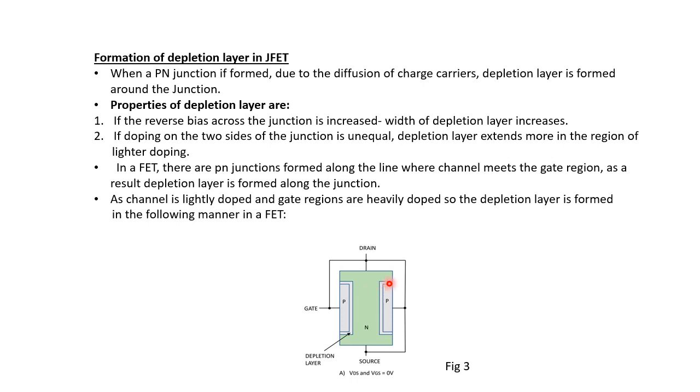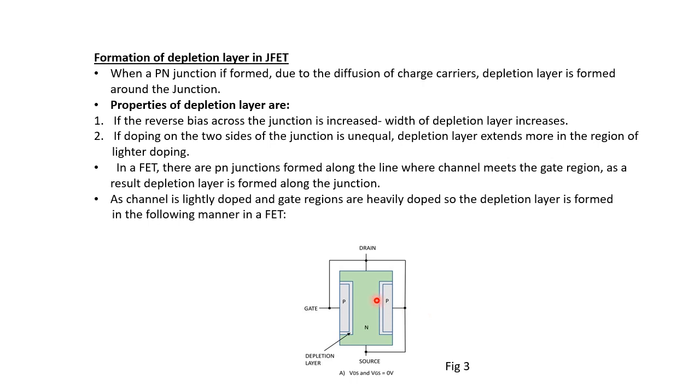Similar is the case on the other side of the gate region. Depletion layer will be formed on this side of the channel also. So this is all about the formation of depletion layer in a junction field effect transistor.